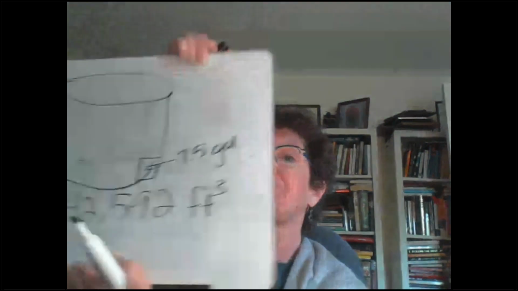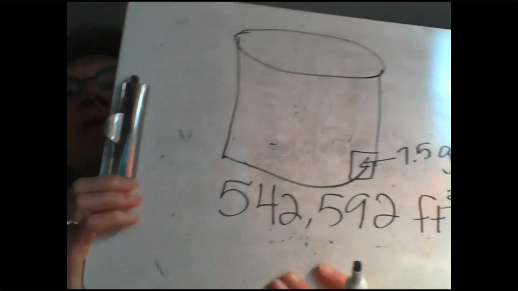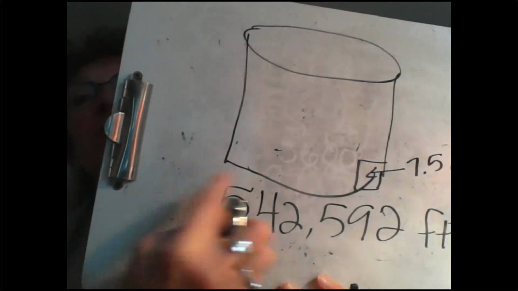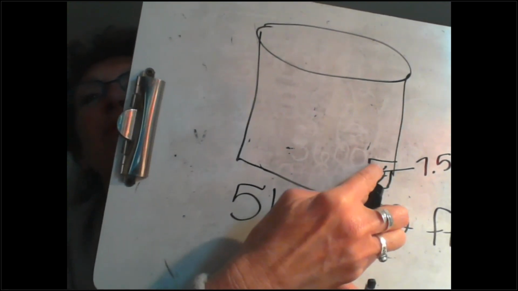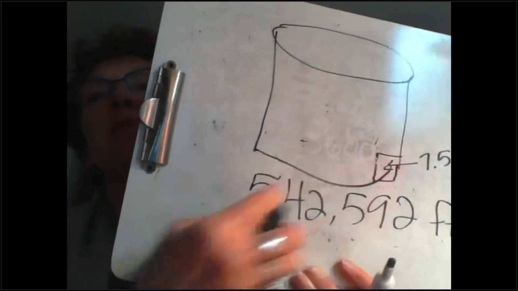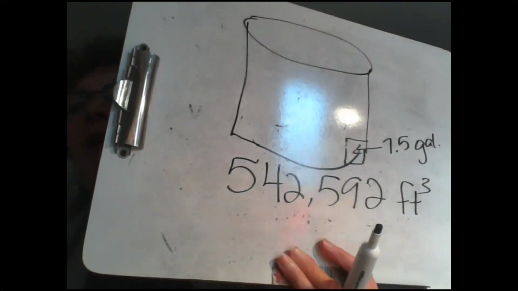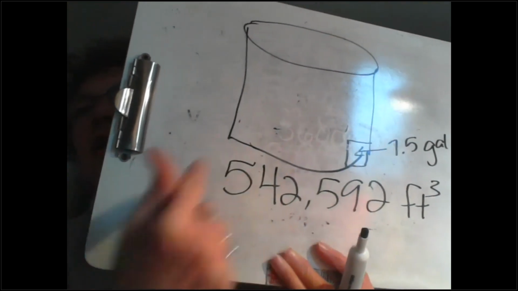Of those cubic feet, I know that there are 7.5 gallons. So do you see, I've drawn my little cubic foot here. I know that every one of these cubic feet holds 7.5 gallons. How do I figure out how many gallons are in this tank?